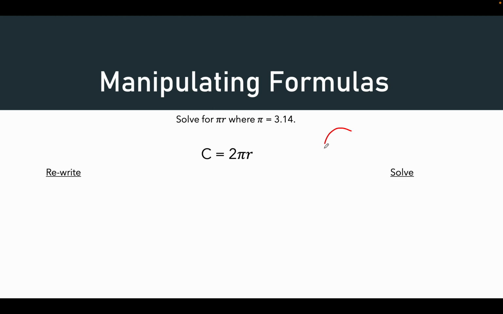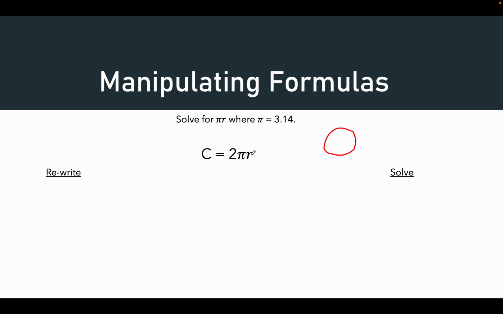So here's my circle. Imagine taking a flexible tape measure and measuring all the way around the circle. That is the circumference. Now, to calculate this, I take 2 and multiply it by pi and multiply it by r.